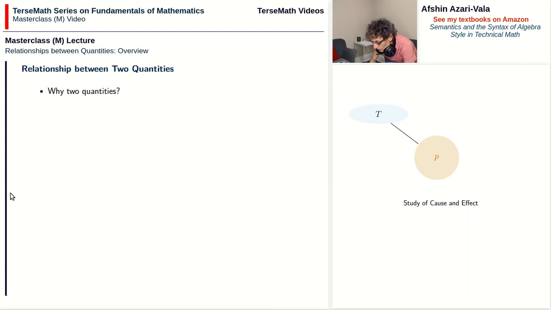Now, of all the different kinds of relationships that we have, we need to come up with some kind of classification so that we know at any point in time whereabouts we are and where we are headed.